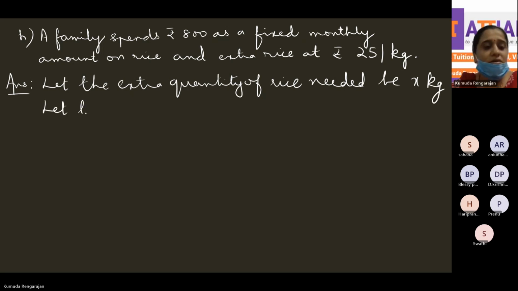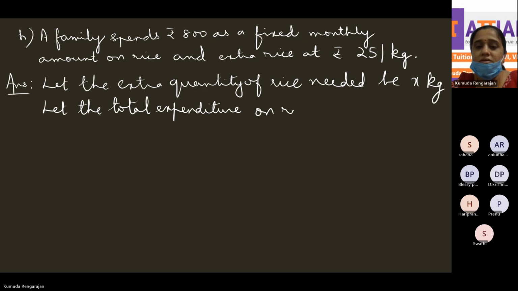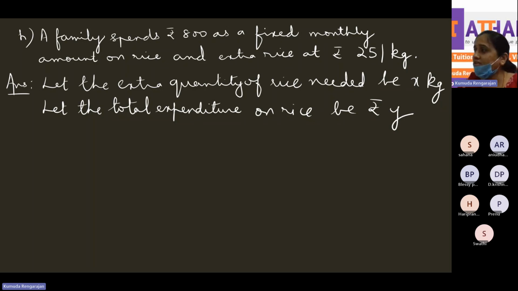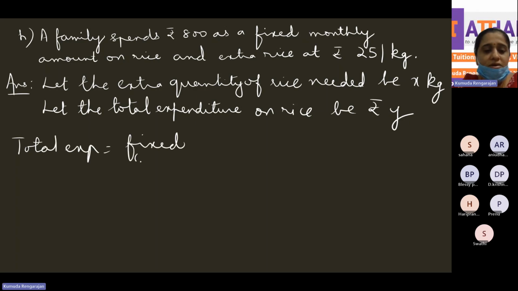Let the total expenditure on rice be rupees Y. So the total expenditure is equal to the fixed cost plus the variable cost.